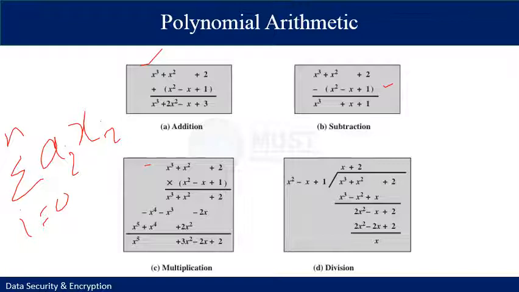Polynomial arithmetic includes the basic operations of addition, subtraction, and multiplication, and these operations are defined in a natural way. The variable x is an element of the set we are going to use in our finite field.